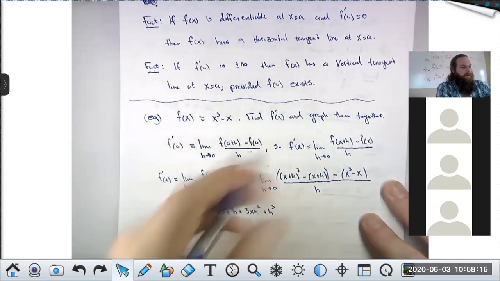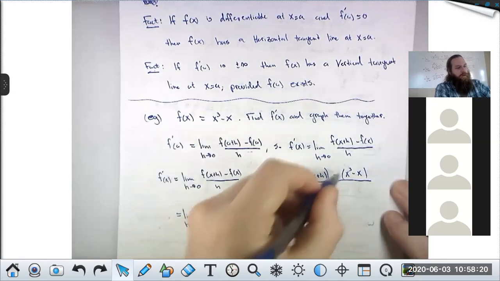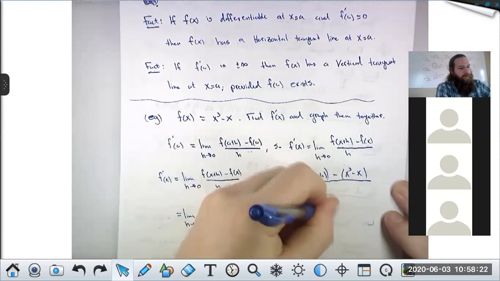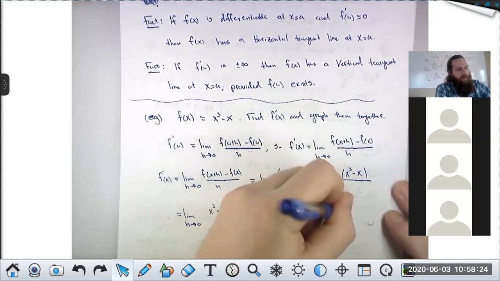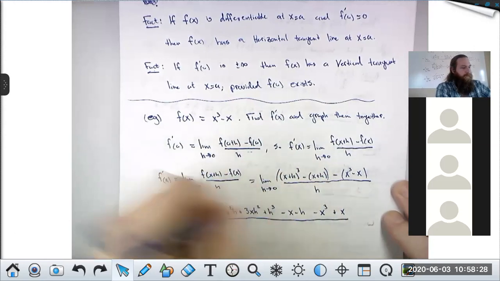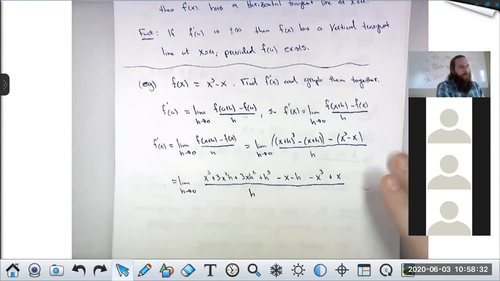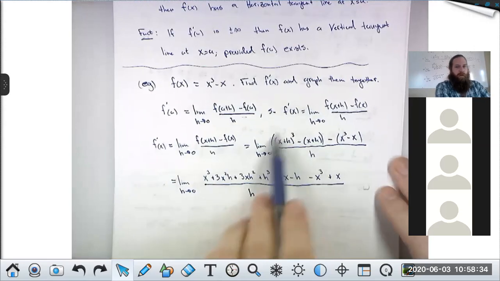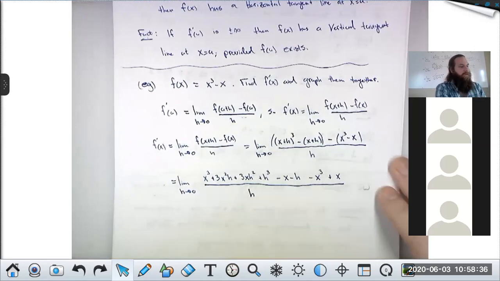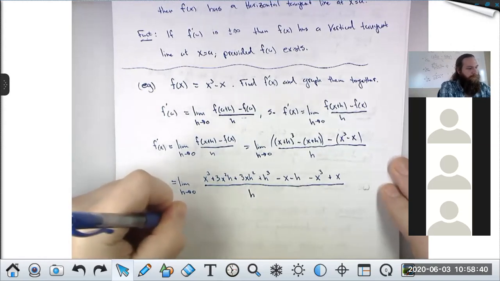And then minus x plus h, that's minus x minus h. And then I distribute this negative, and that's minus x cubed plus x. If you want to know the trick for cubing things like this very quickly, come by my office hour this afternoon. I'll show you. It's called Pascal's triangle. It's very nice.